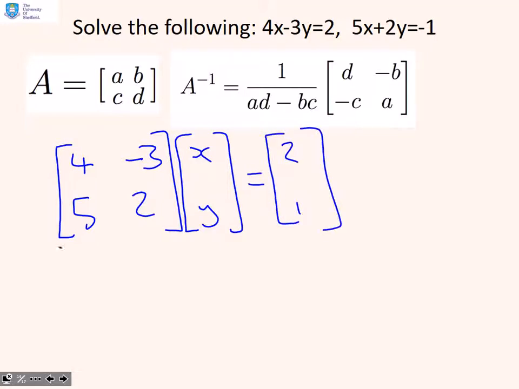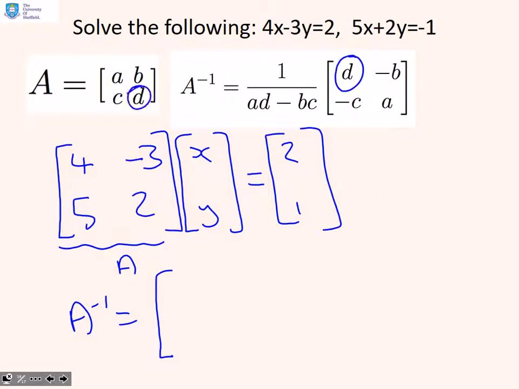Now, if this is my A, then A inverse equals, and you'll see I've given you the formula up here, and you'll see the D, which was in the bottom right, goes to the top left, so I end up with 2. The A, which was in the top left, goes to the bottom right, so I end up with a 4 down there.